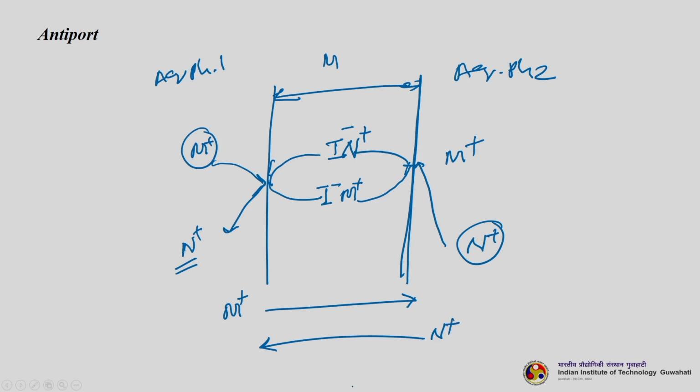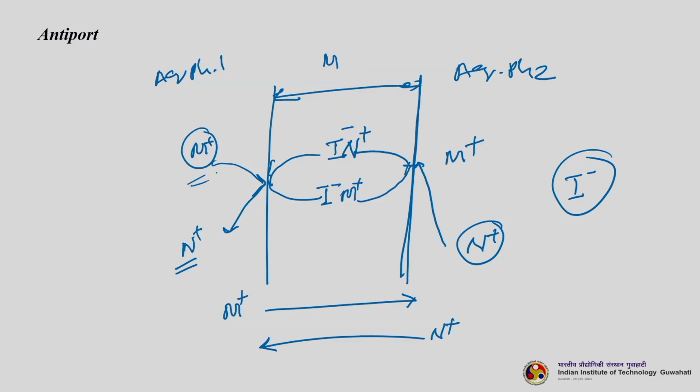Please try to remember that they are binding to one particular negatively charged carrier molecule, one single type of carrier. It first binds to the cation present in aqueous phase 1 and releases it on the opposite side, then binds to the cation present on the opposite side, the permeate side, and from the complex brings it back to the upstream side or feed side, dissociates, and again binds to the cation present here, this M plus.